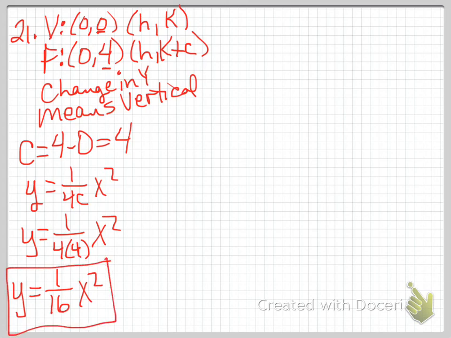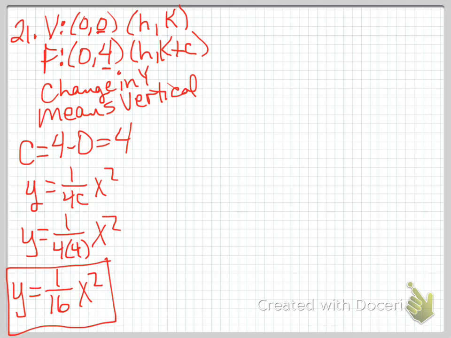And voila, there is my equation. Okay, and it's that simple. Just find your c and then plug it in. Okay, now let's do number 25 because it's a little different.